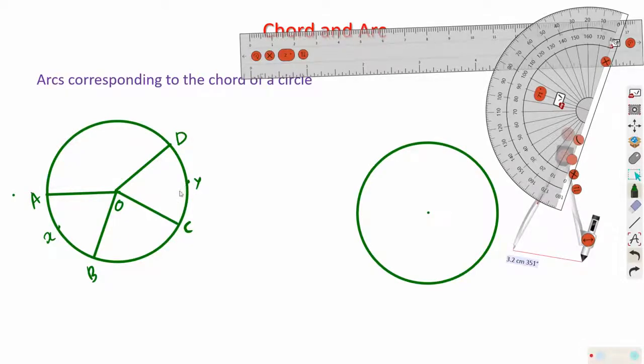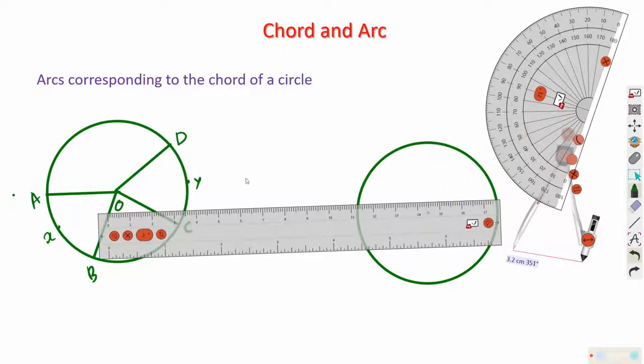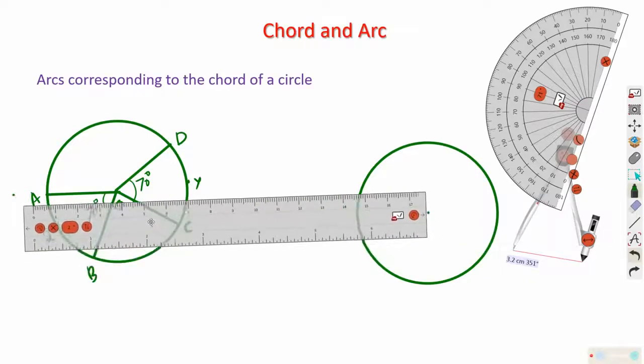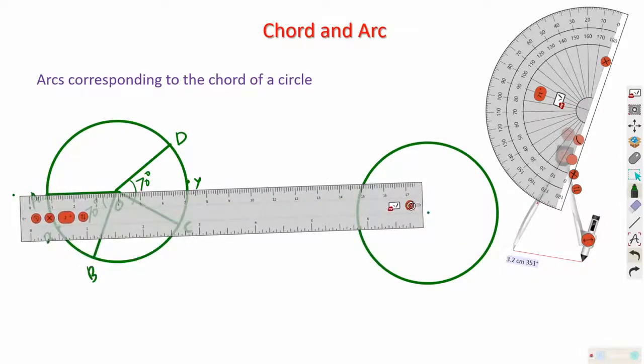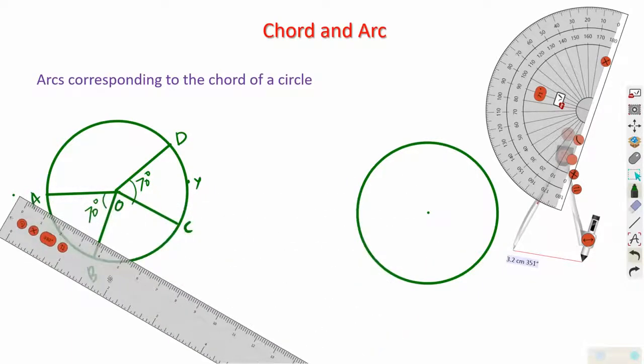Now I have angles here. Here is an angle, here is an angle, which are almost 70 degrees. Now I am going to draw the chords over here at the points at which these angles meet the circle.